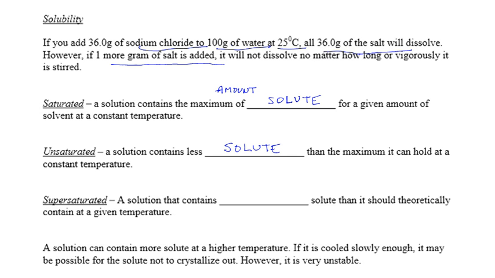We also have a condition called supersaturated, a solution that contains more solute than it normally can at a given temperature. But supersaturated solutions are very unstable, and we might discuss that more in class.